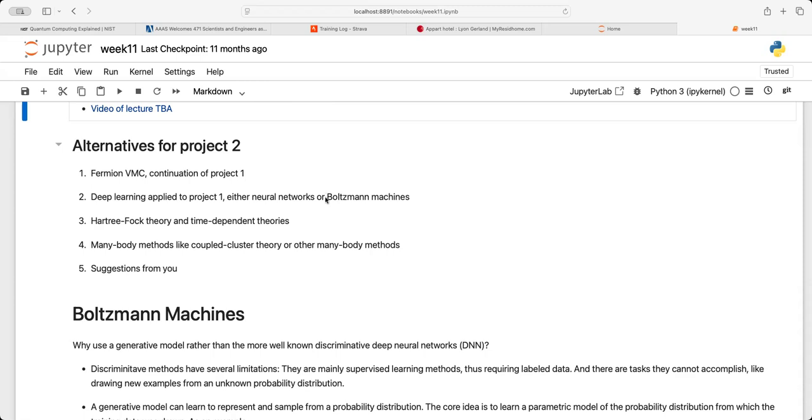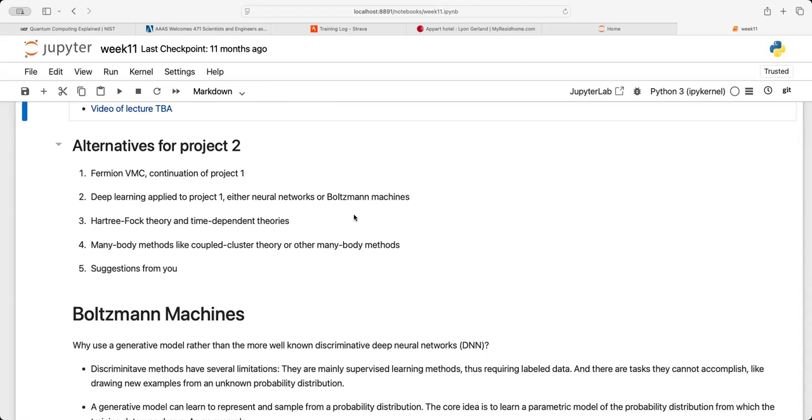One of the reasons why I do this is also historical, because the first people to use them in quantum mechanical applications were Giuseppe Carleo and Troyer, at the Technical University in Lausanne. That was back in 2017. It was a paper in the journal Science, which really made a big impact in the community and laid the foundation for using neural networks in quantum mechanical studies and deep learning methods.